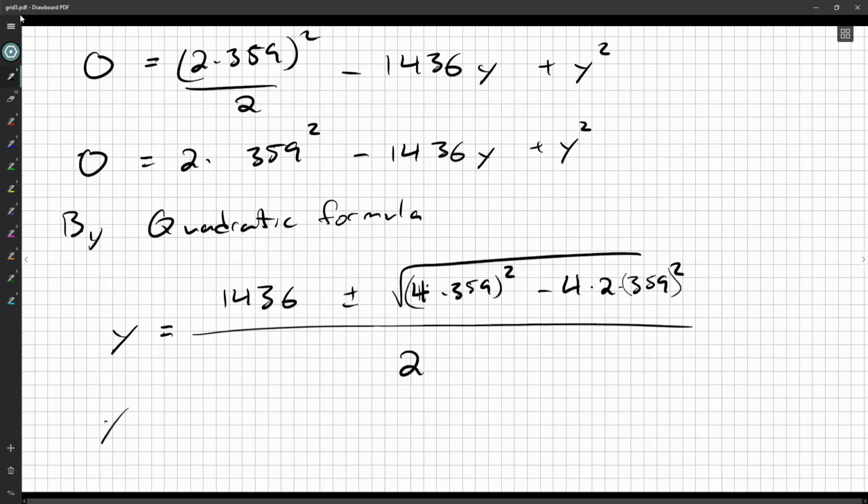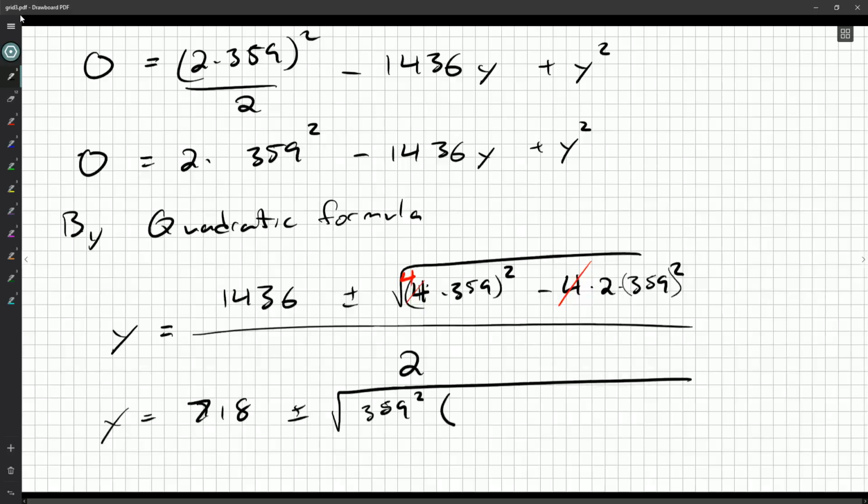We can start dividing by 2, so we'll get 718 here, plus or minus, get rid of this 4 and one of these 4s. And so we'll be left with square root 359 squared. There'll still be one 4 there, minus that 2 there. And it's not over 2.